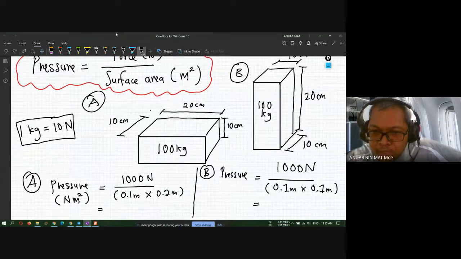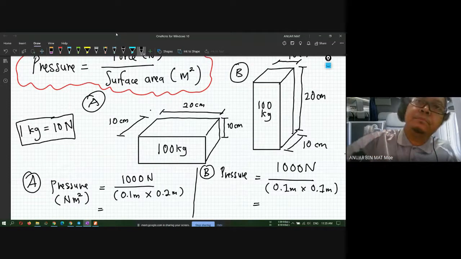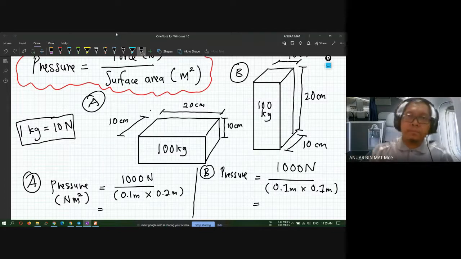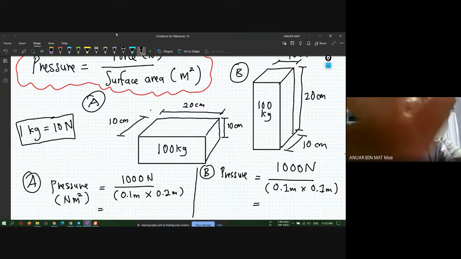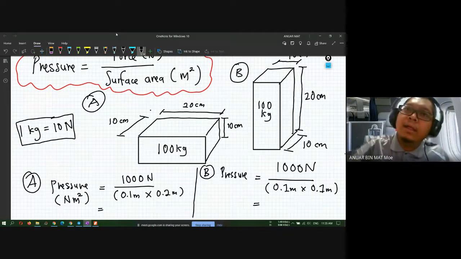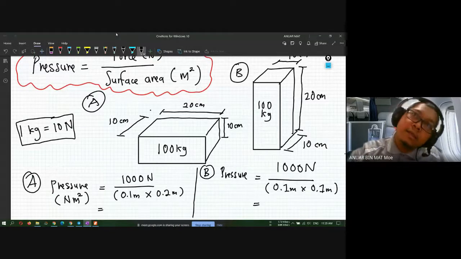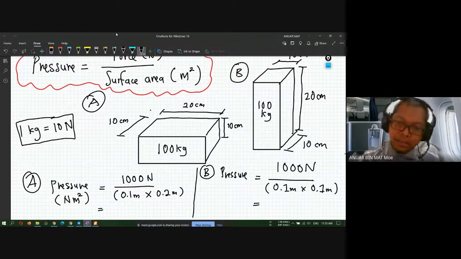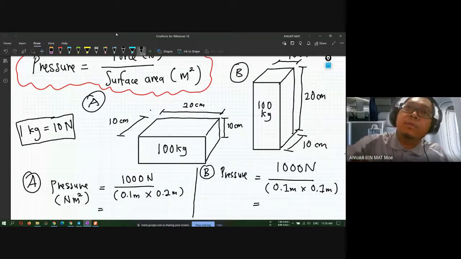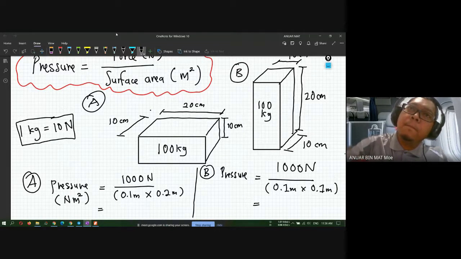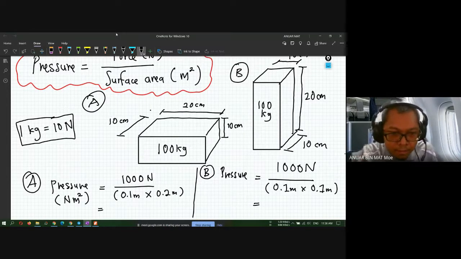So, what is the answer for A? 0.1 times 0.2. Oh, my mathematics calculation is very weak. And then 0.02. This one is 0.01.